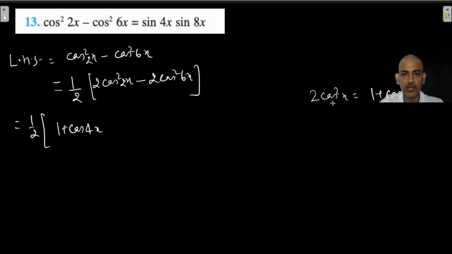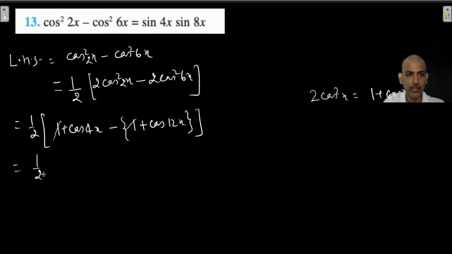Because when there is x over here, this becomes 2x. Because there is 2x here, that will become 4x. Similarly, this is 6x, this will become 12x. This will be 1 plus cos 12x. Now this 1 and 1 cancel out. Now again we are left with 1 by 2 into cos of 4x minus cos of 12x.